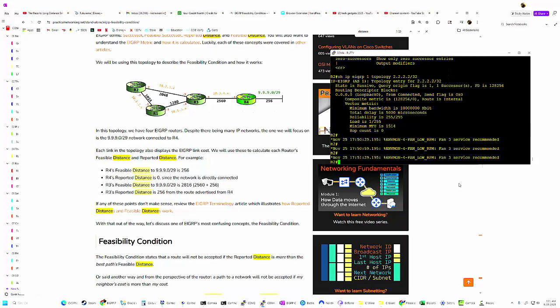But notice that router 4 has 256, but then router 3 adds to that particular feasible distance. That's how it's supposed to work. That's not what I'm seeing. This from a memory perspective is accurate, but that's not what I'm seeing on the routers. I might have to bring a couple more routers in here and see how they react with each other a couple hops down the line.